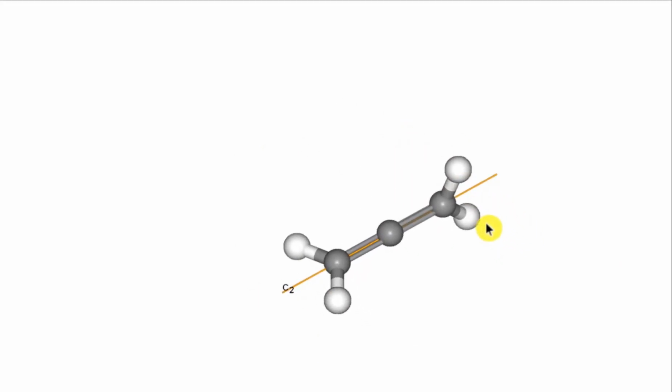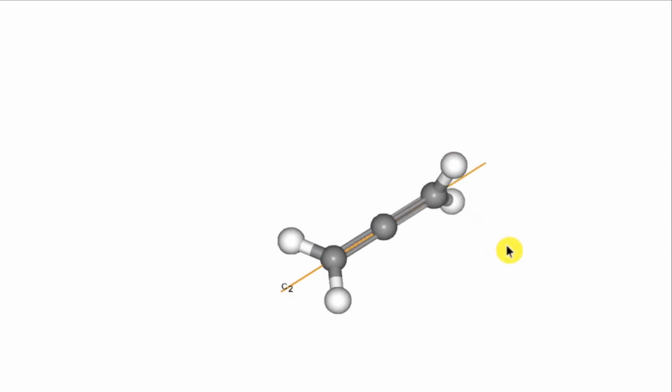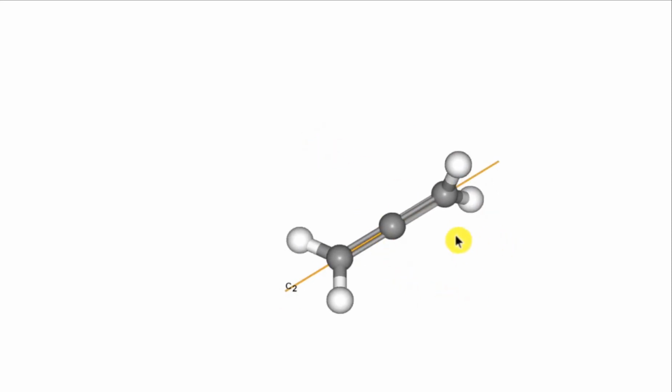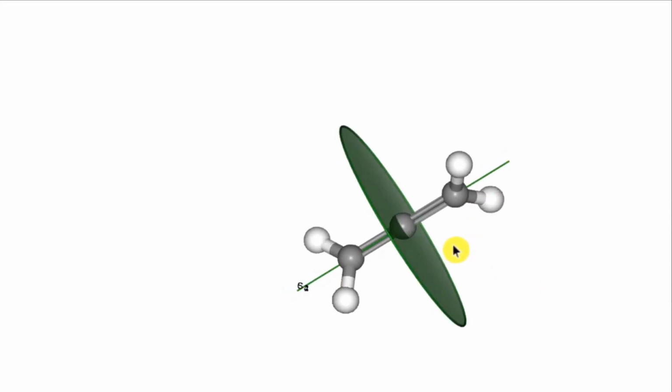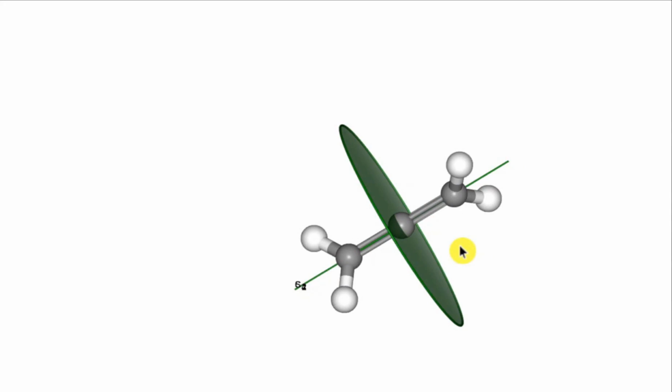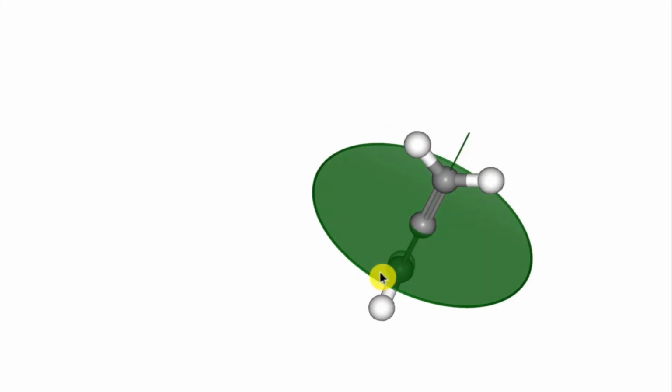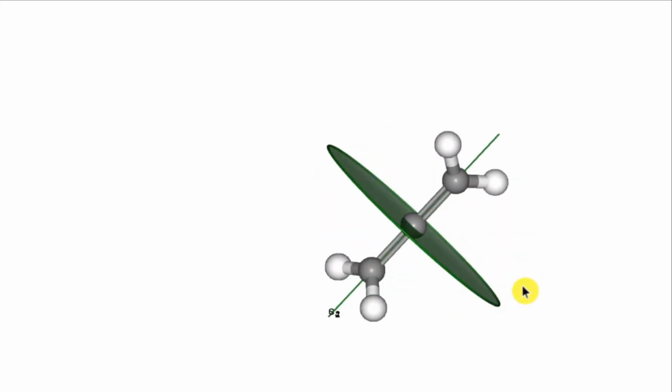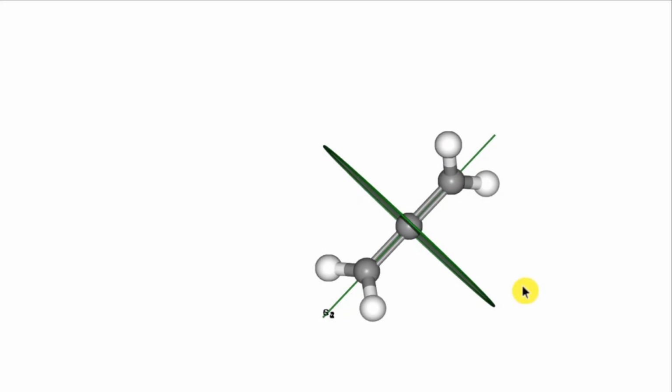We have the C2 axis here, and there is no perpendicular plane, right? If I put a plane perpendicular to this C2 axis, that does not belong to a symmetry operation, right? But if I reflect the molecule through this perpendicular plane, and then rotate it through 90 degrees, or the other way around, if I rotate by 90 degrees and reflect it through this plane, then it becomes a symmetry operation.